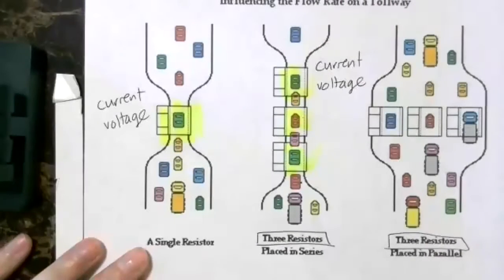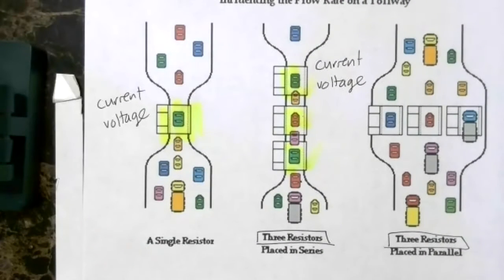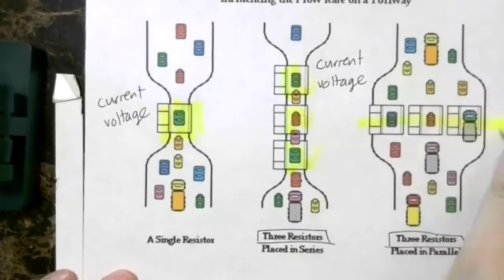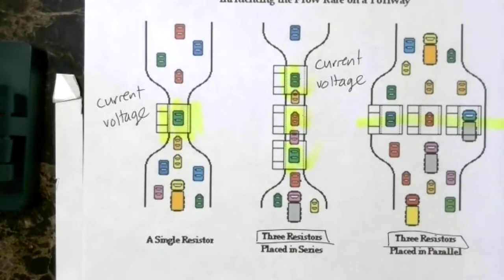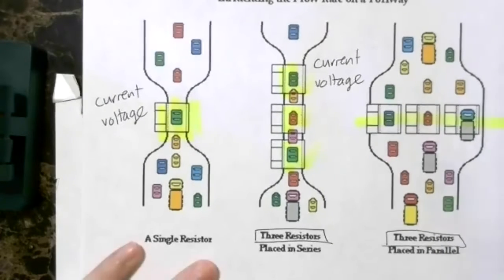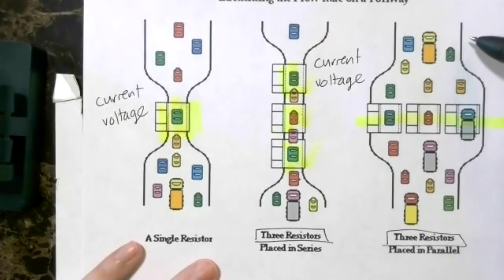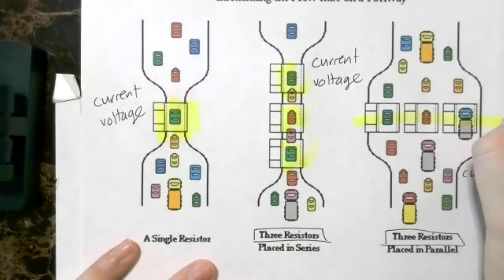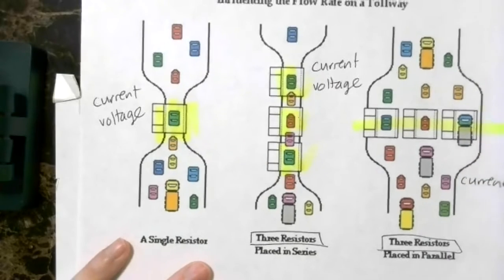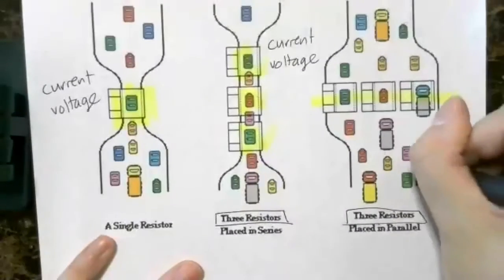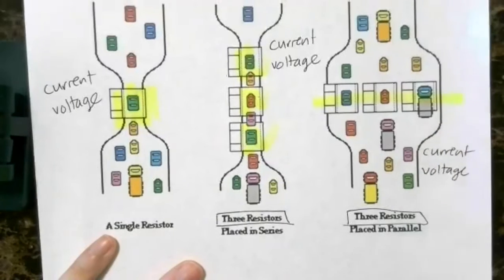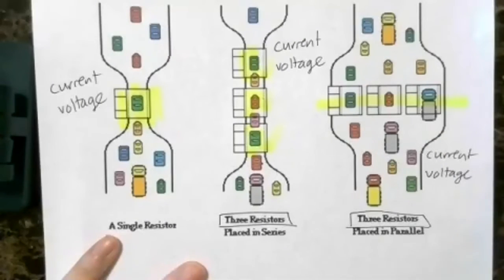Or maybe that highway opens up and there's 3 lanes across. All 3 electrons can go at the same time, just in different parallel paths. Again, just consider in your mind how this might affect the current and the voltage. Would it ease it up? Would it bottleneck it? What do you think would happen?